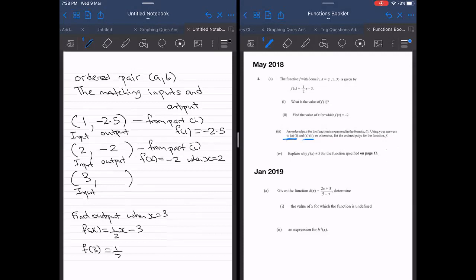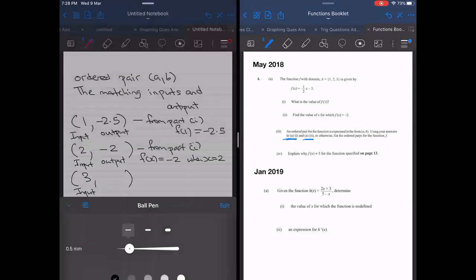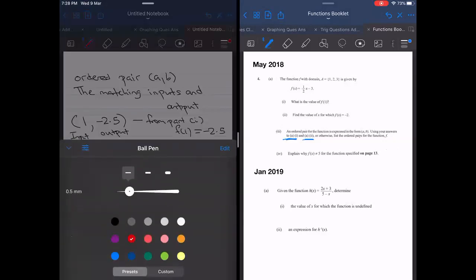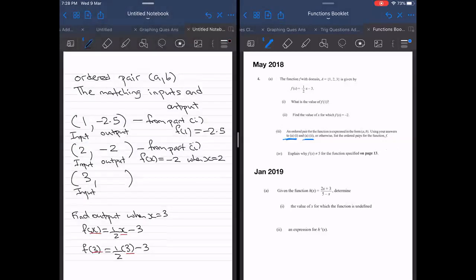So f of 3 means wherever I see x, I put 3, which is equal to 3 over 2 minus 3. And as I say, you can put that in the calculator as 3 divided by 2 minus 3, and you should get minus 1.5.